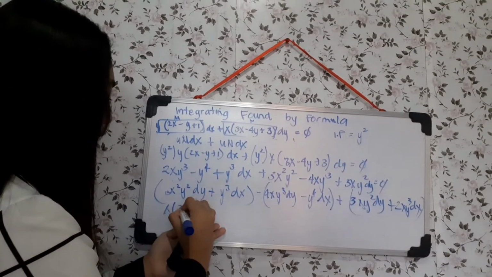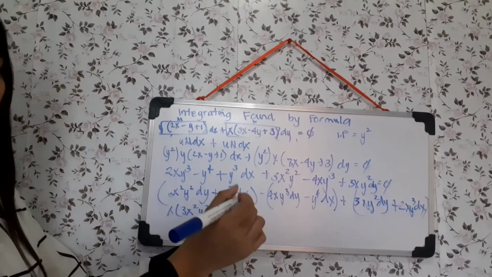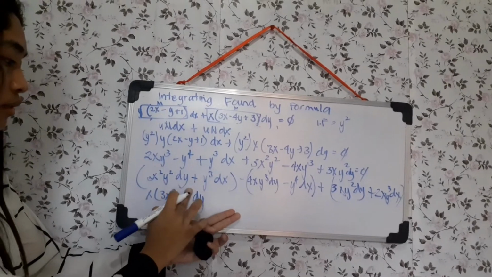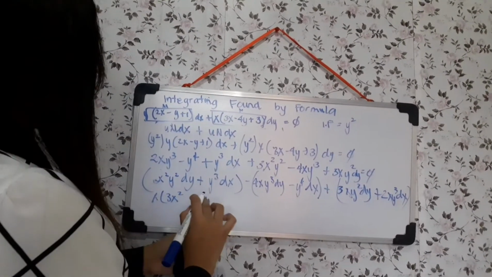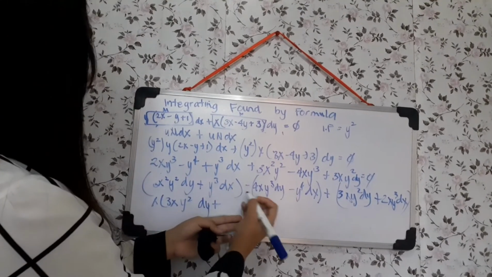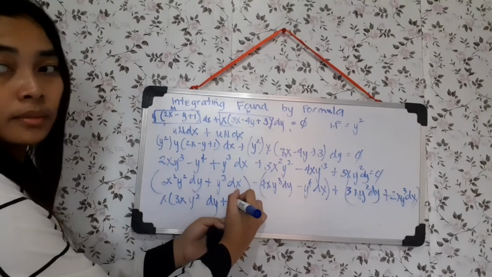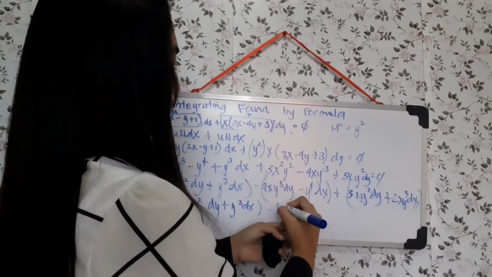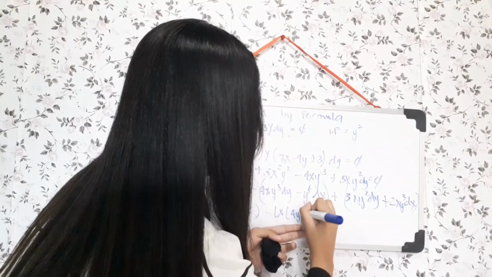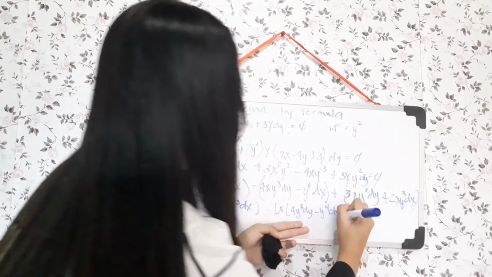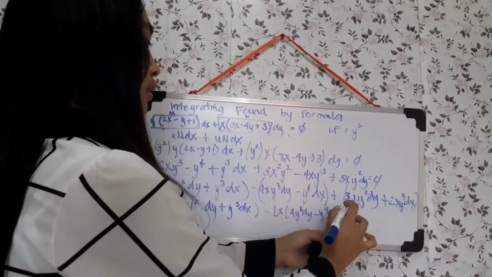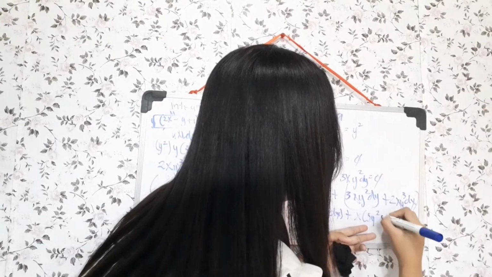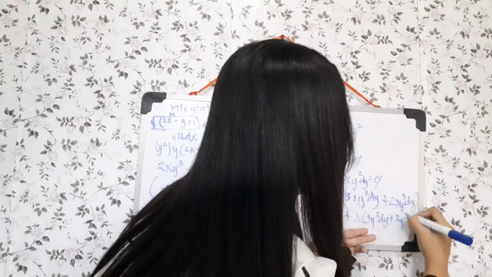So we have x squared, then x times (4y cubed dy plus y to the fourth dx) with a minus, plus x times (3y squared dy plus 2y cubed dx).